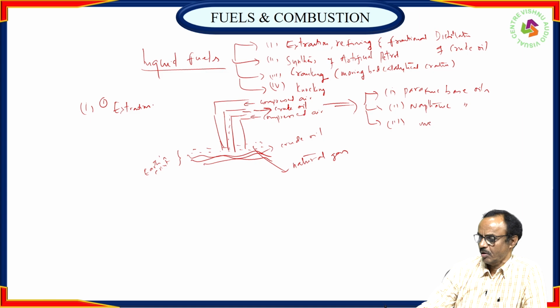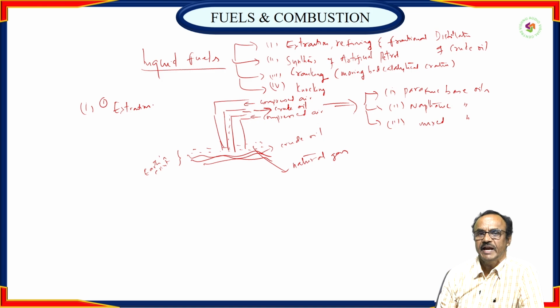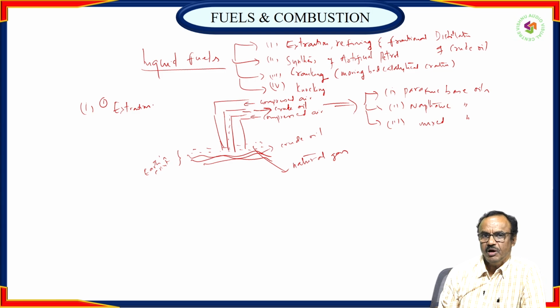Mixed base oils. Paraffinic base oils mean only long chain hydrocarbons. Naphthenic oils are mainly composed of aromatics. Mixed base oils are composed of both paraffinic base oils and aromatic related oils.